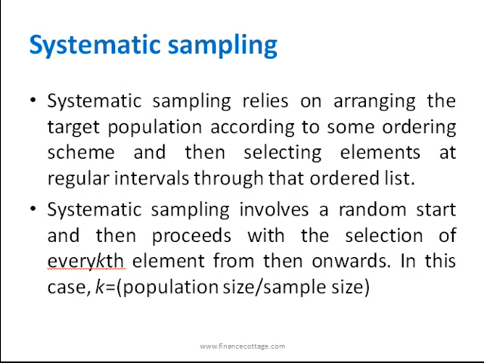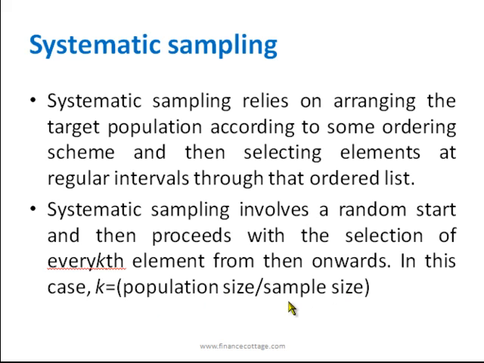Another method is systematic sampling. In systematic sampling, we first arrange our data in ascending or descending order in accordance with the variable of interest, and then we select every kth element. Now how do we calculate the kth element? It is calculated based on this simple formula: population size divided by sample size.